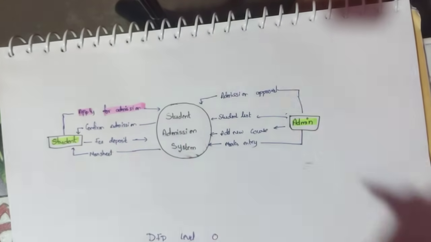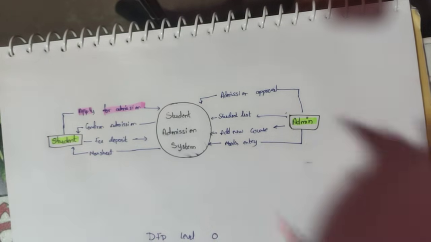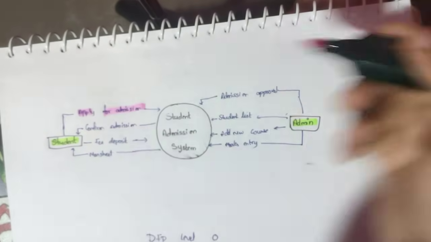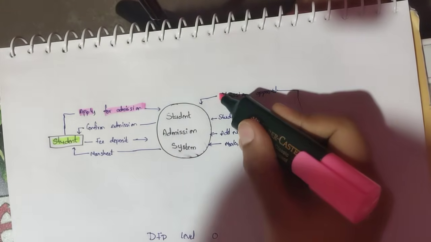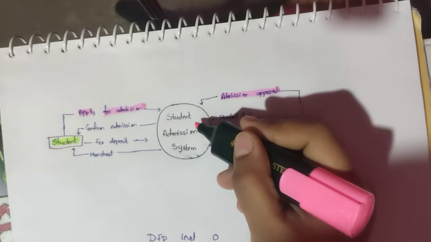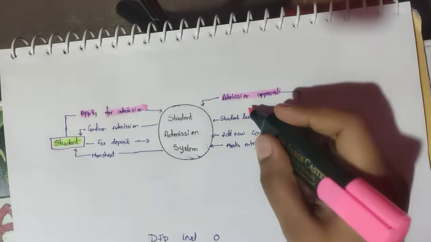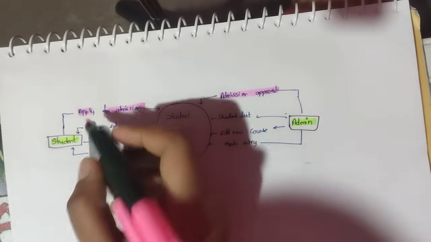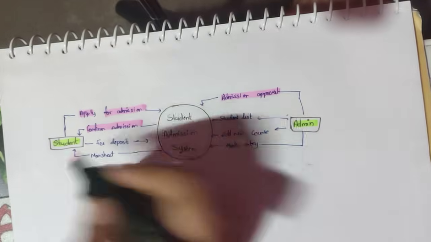What will the student do? He will go to the respective college and apply for the admission. When he applies, the admission will later be approved by the admin. Who will approve the admission? It will be the admin. Once the admin confirms the admission from his side, the confirmation will go to the student again.